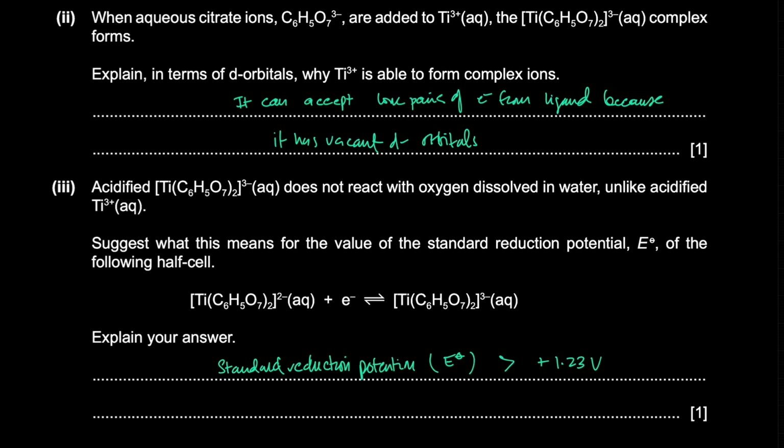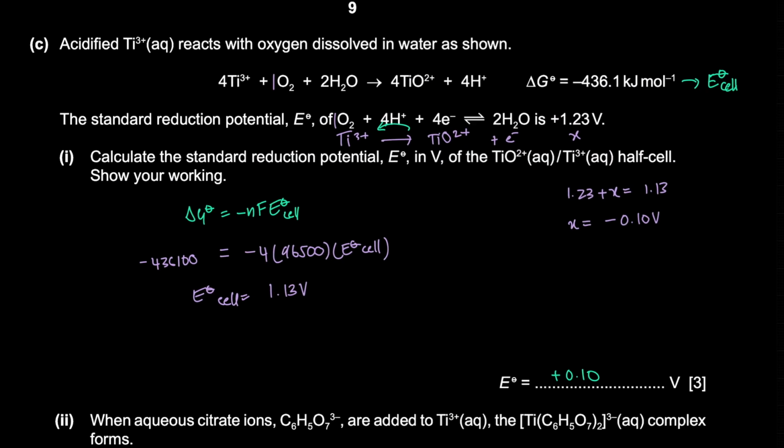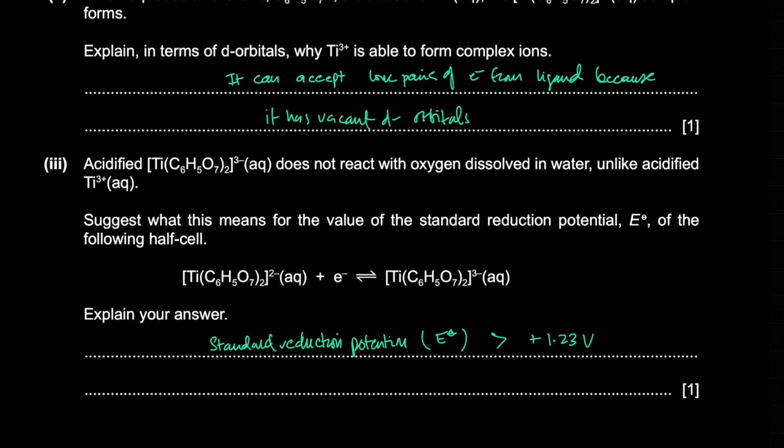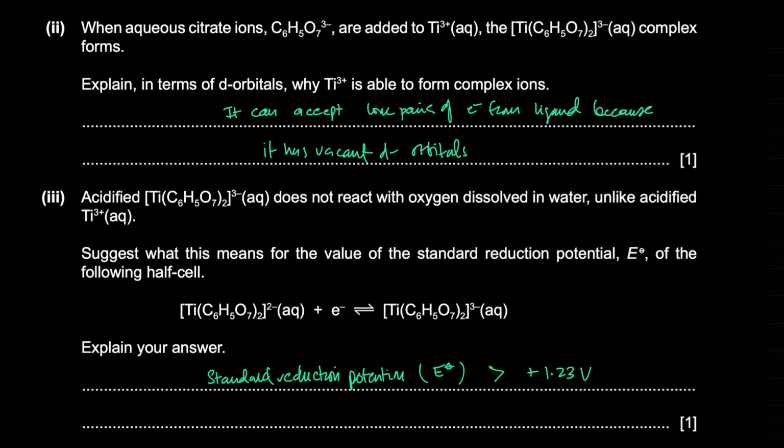The reason why is because if this value for the second case was greater than 1.23, then this reaction would be more negative than 1.23, so the overall reaction would give you a negative EMF for the cell. So we can say that the standard reduction potential here must be greater than 1.23 volts.